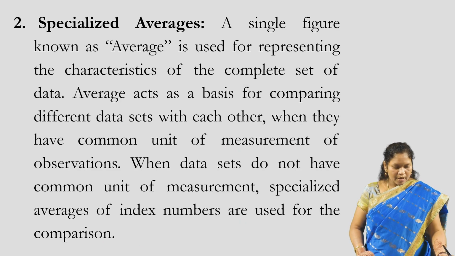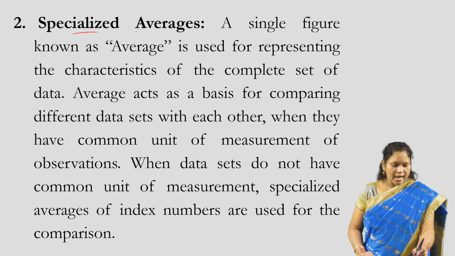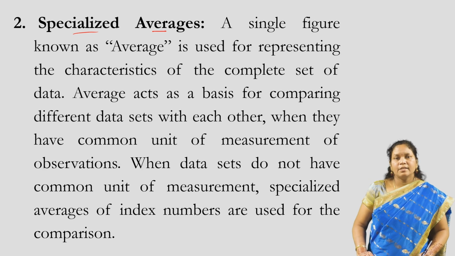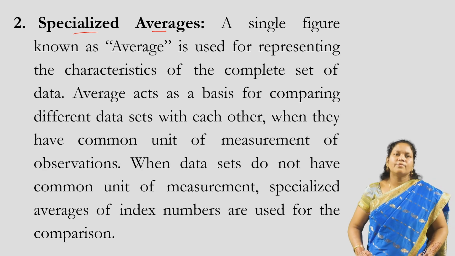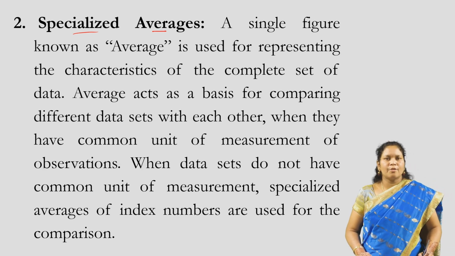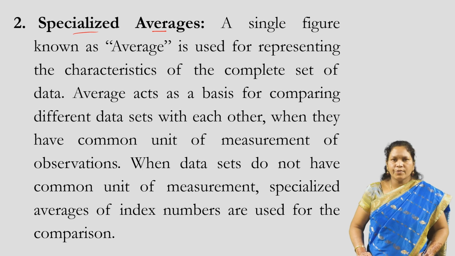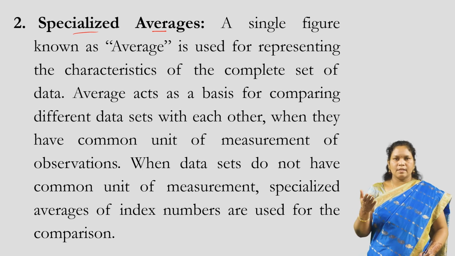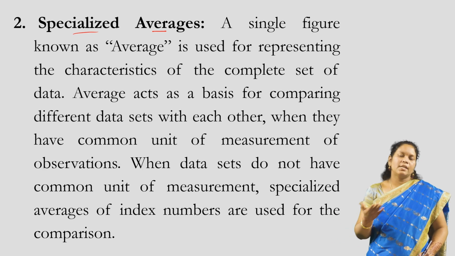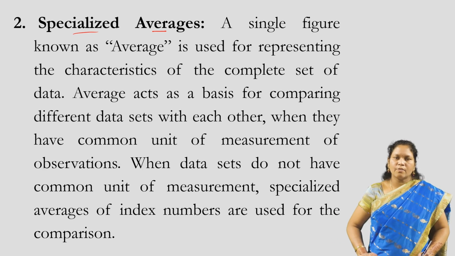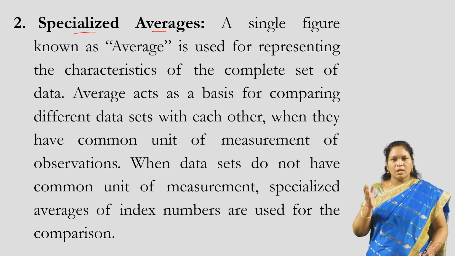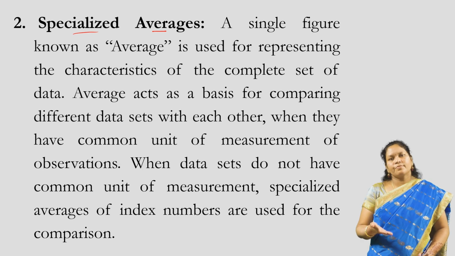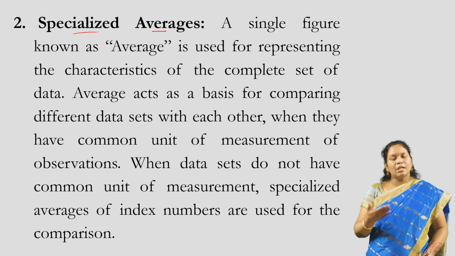Now let us check one more, that is specialized averages. Generally whenever we take the formulas, we'll try to find out how the prices are going. What we do is, whatever quantities we have, quantities in the sense like 1 kg of rice, 1 liter of oil, like that we'll consider, right? Quantity means whatever items you are considering, in terms of kgs, liters, milligrams, like that.